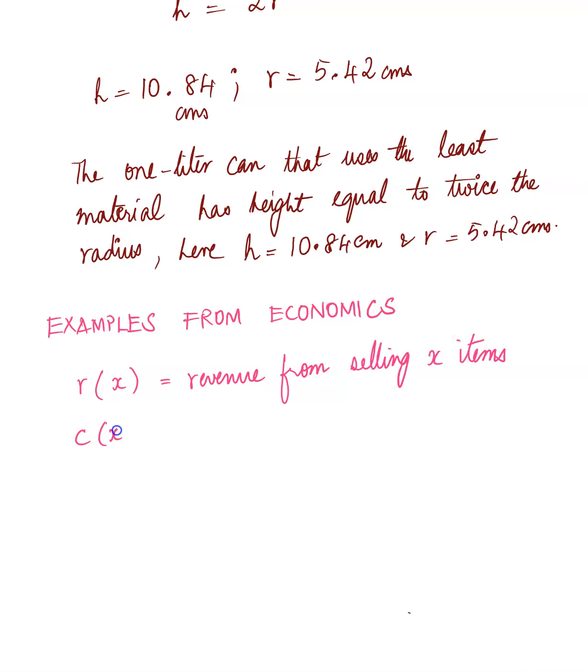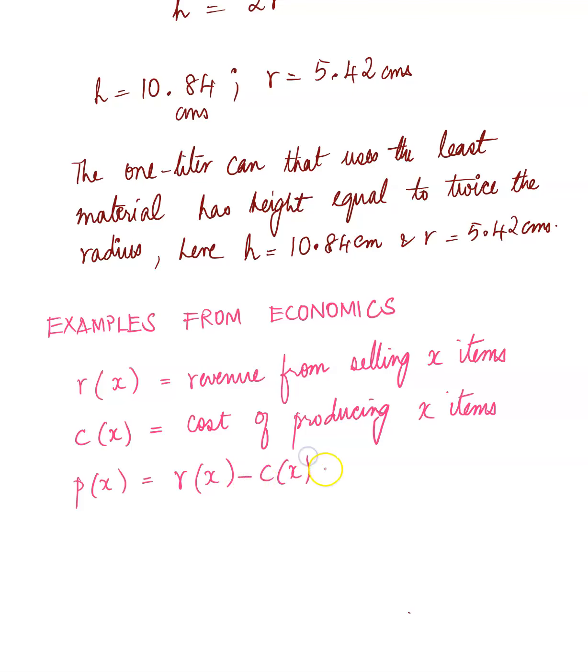And then we have C of X, which refers to the cost of producing X items. And P of X, as you must have guessed, is the profit, will be the revenue minus the cost, right? Profit from producing and selling X items.